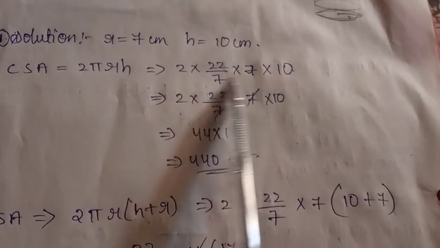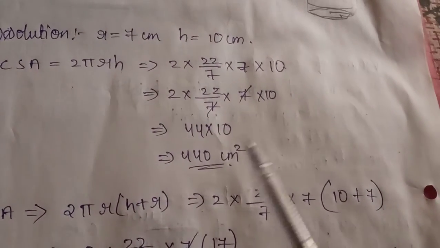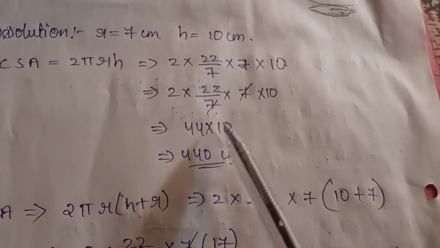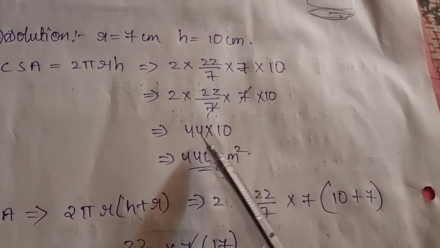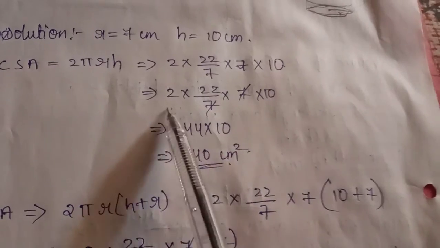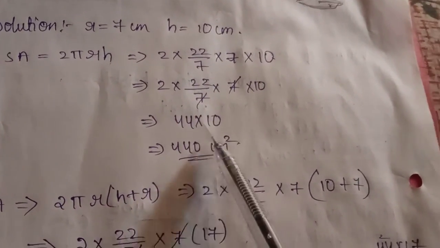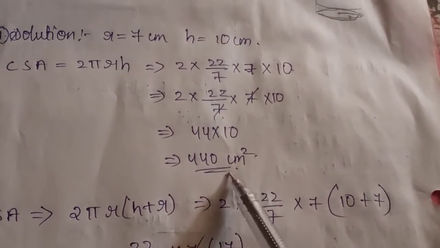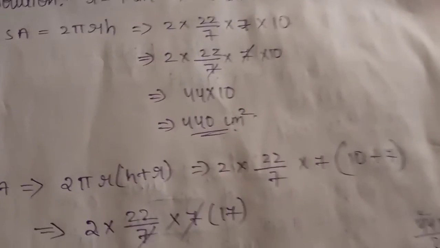First, this is the substitution step, and now the calculation step. So we have done cancellation here. 7 cancels. So 2 22s are 44 into 10 equals 440 centimeter square, as it is the area.